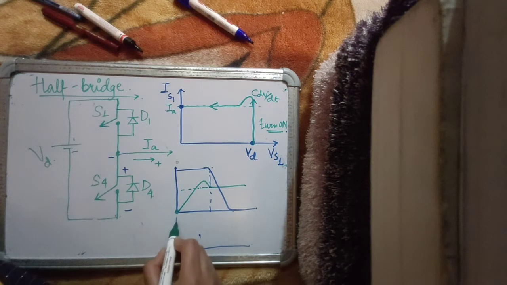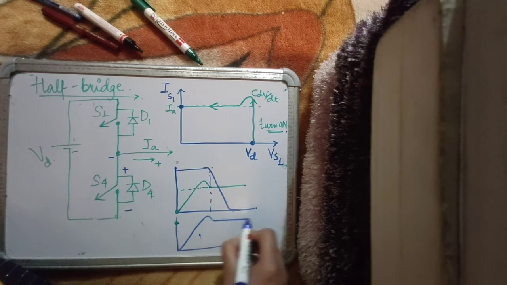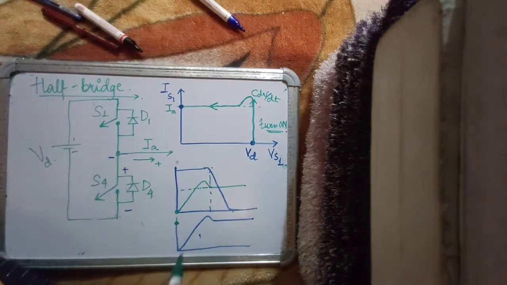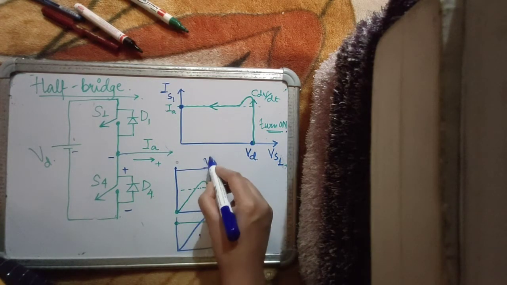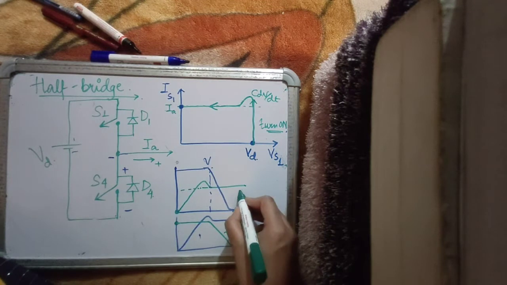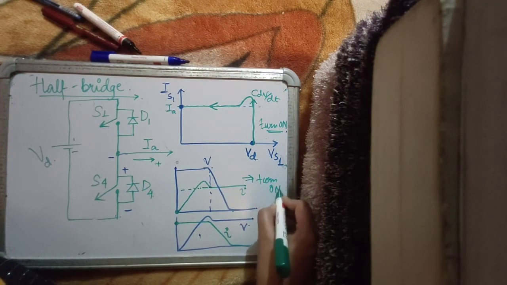It's on, so it's carrying some current and the voltage across the device starts rising. It has a small L di by dt kick, and the current, which is shown in green, does not fall until the voltage has completely risen. So this is I and this is V.